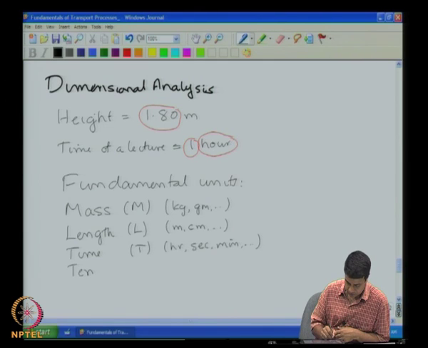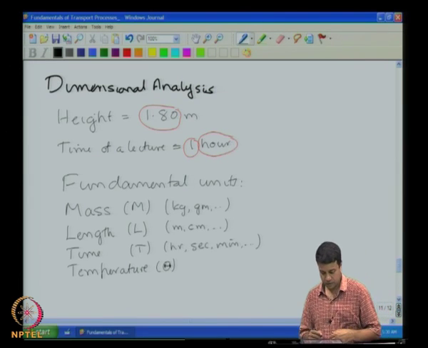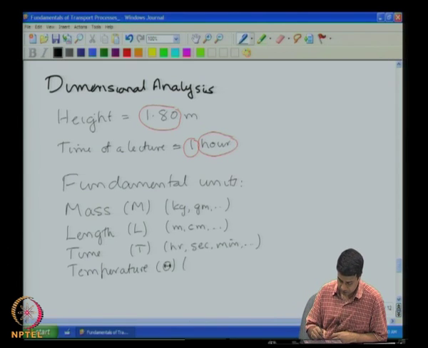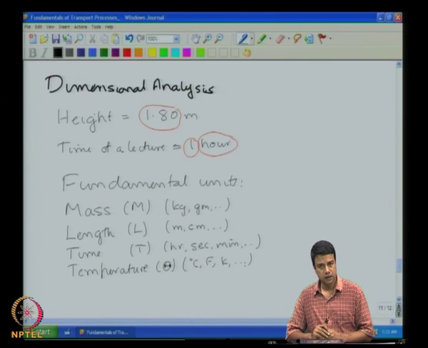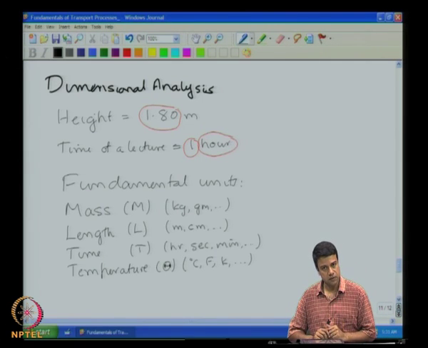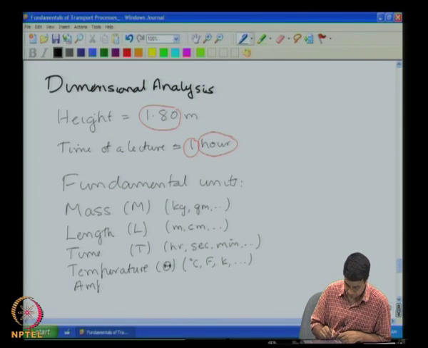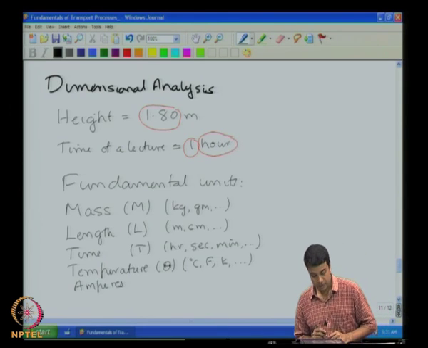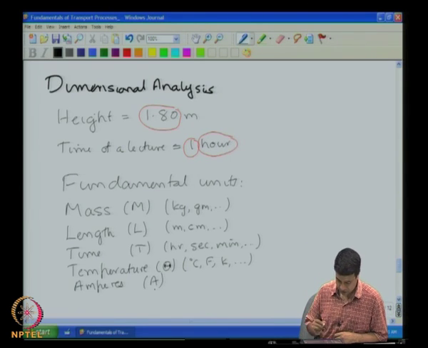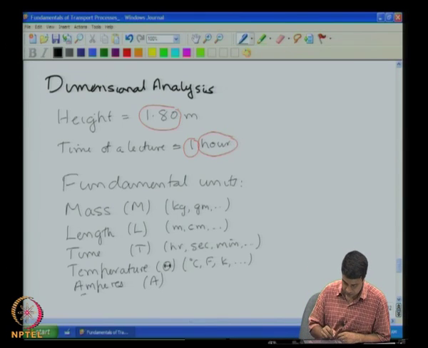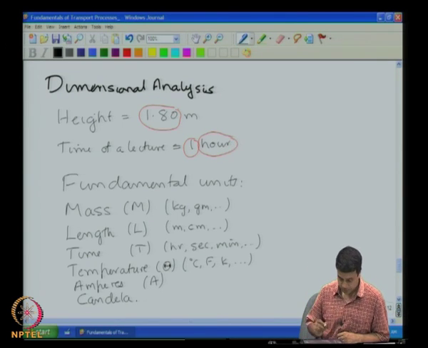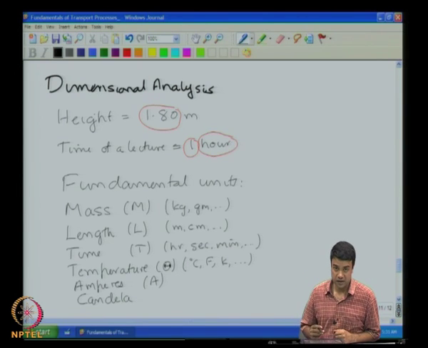One is temperature. I will use the symbol capital theta. Capital theta is the symbol for temperature, and there are different units of temperature: degree centigrade, Fahrenheit, Kelvin, etc. And there are two others, which we shall not use in this course, but I will write them down for completeness: amperes, the unit of current, which goes by the symbol A, and candela, which is the unit of light intensity.